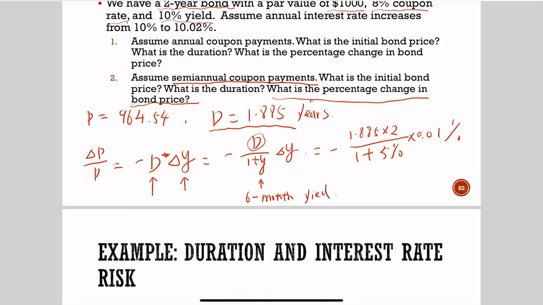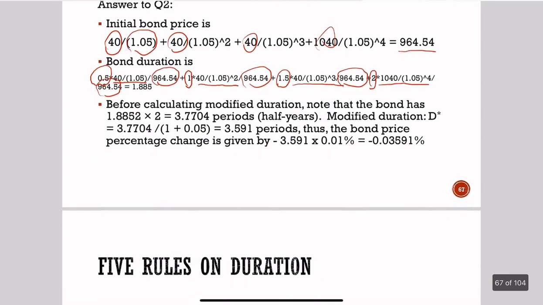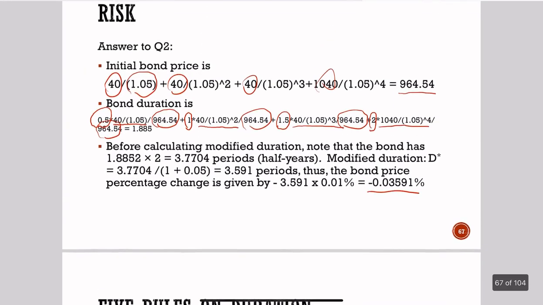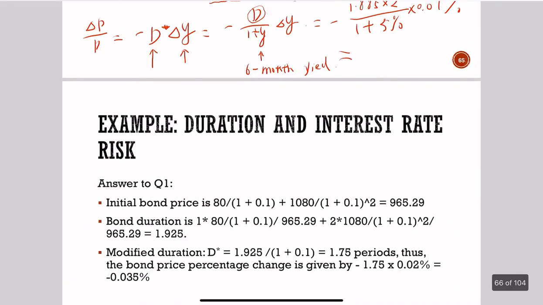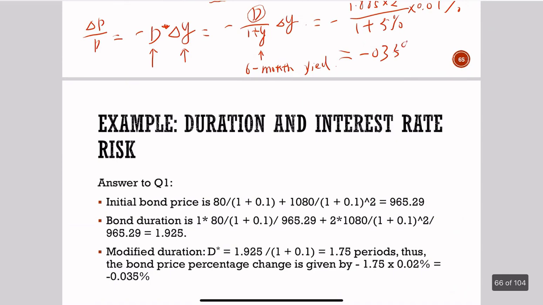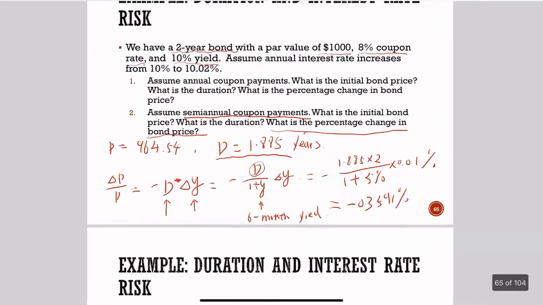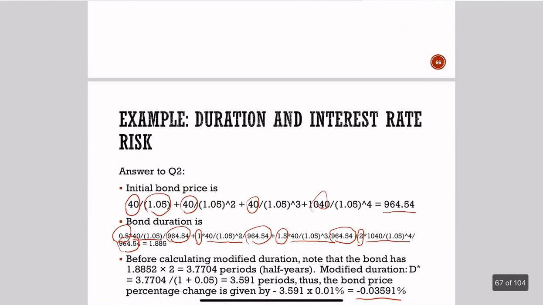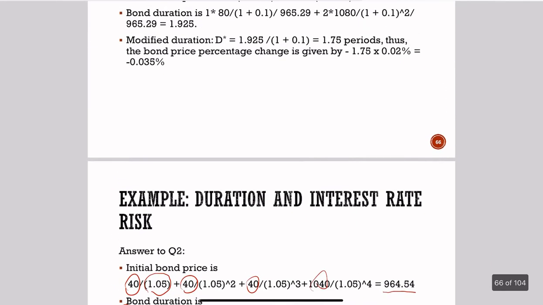And if you're thinking about the 6-month yield, the change is just half of the annual change, which is just 0.01%. So this gives us minus 0.3591%, right?